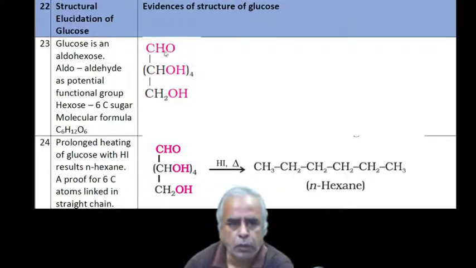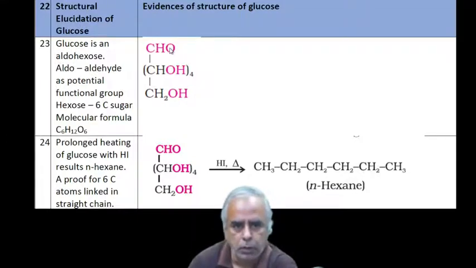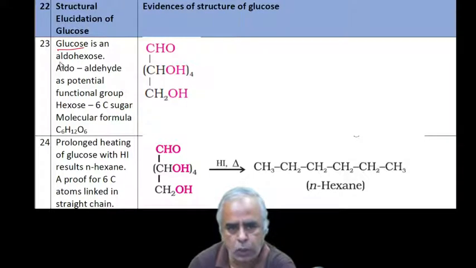Now, see Aldo Hexose. This has already been explained, the glucose as Aldo Hexose. So Aldo means it should have a potential aldehyde group as the potential functional group. Then hexose means 6 sugar should be there.